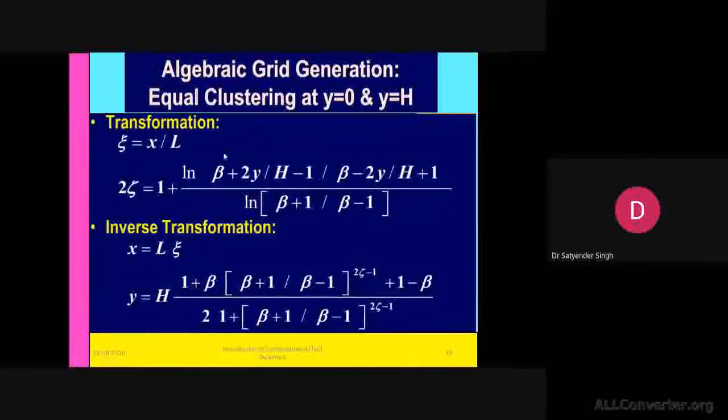They will be further created by making it a function of h also. Now I will use beta for these equations, and you can see the clustering near the top and bottom wall will be created. If I use beta as 1.05, a finer grid is created near this wall.